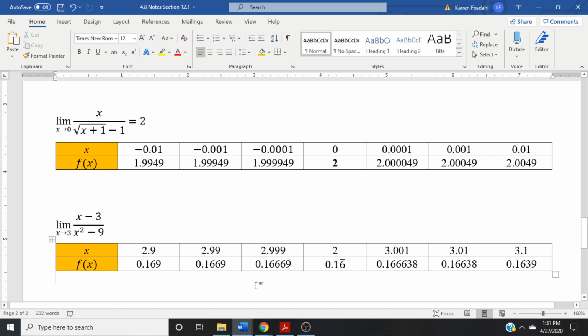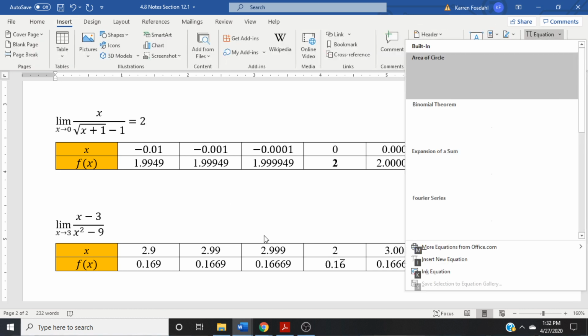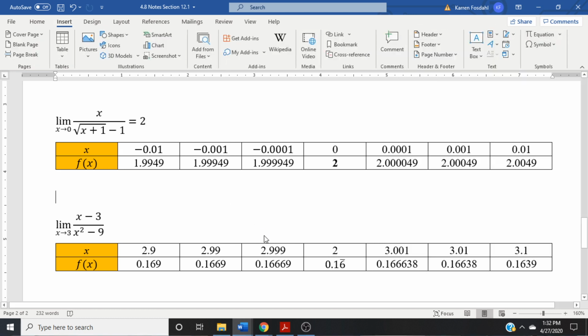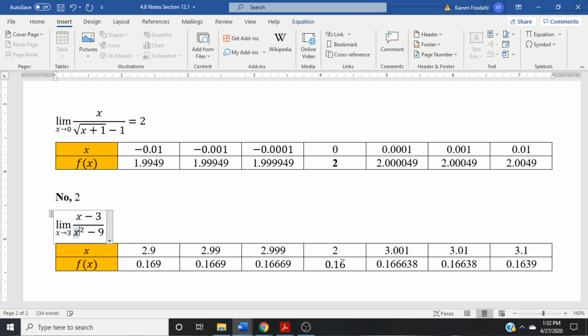So first thing we need to know is, can we plug in this? No, we can't plug this number in. So our answer would be no, can't plug in 0, but the answer is 2. So the limit is 2.